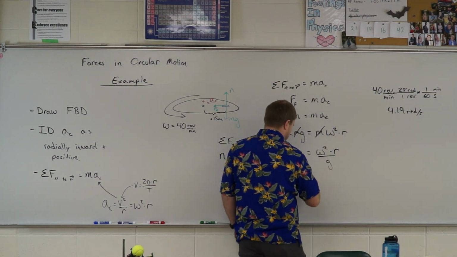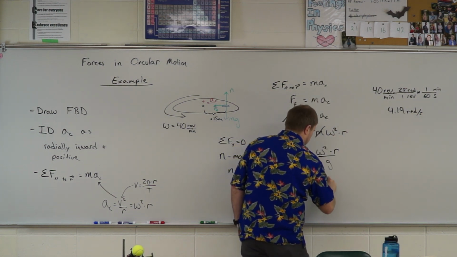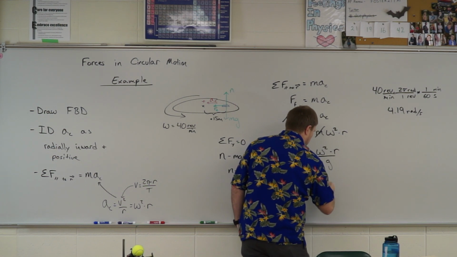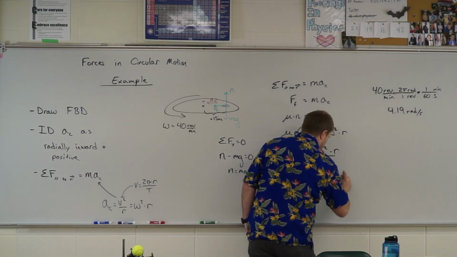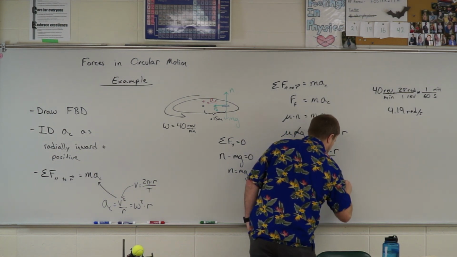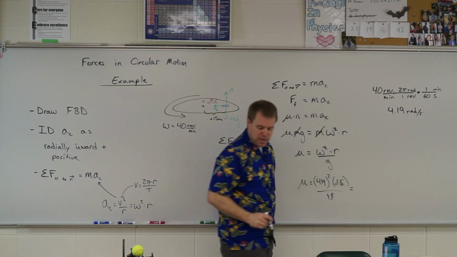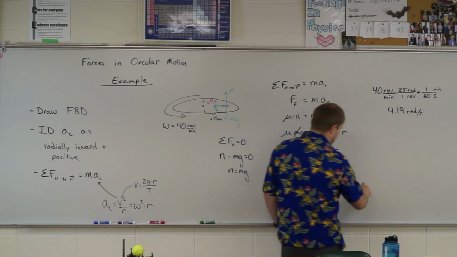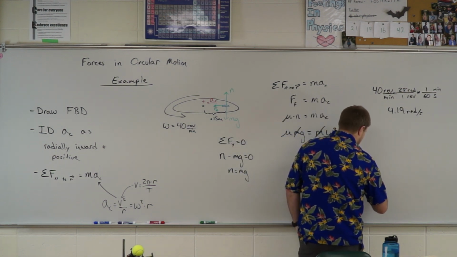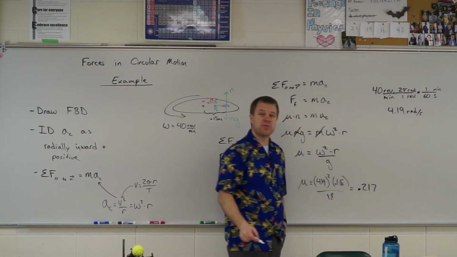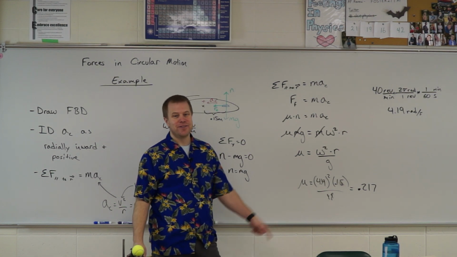Plug those numbers in down here: 4.19 squared times 0.15, all divided by 9.8, will give you a mu value of 0.27. It should come out positive, and it should be a number somewhere between 0 and 1, and you'll even remember there are no units.